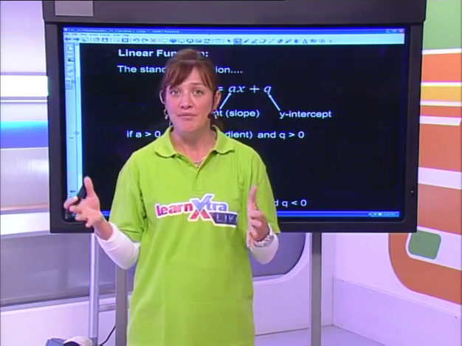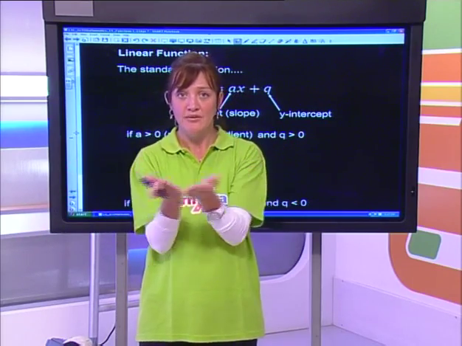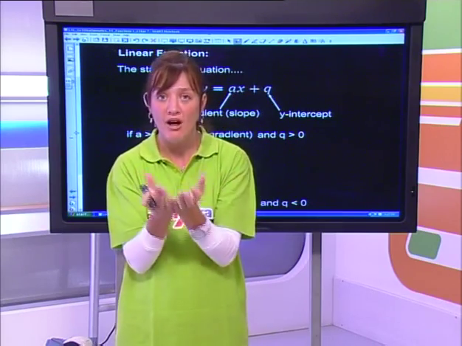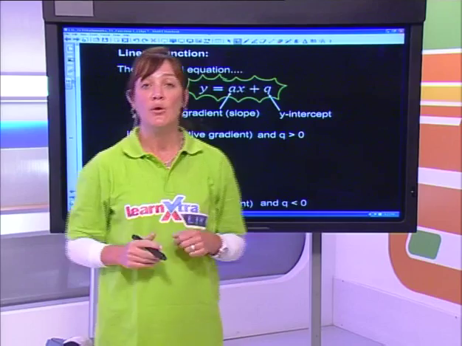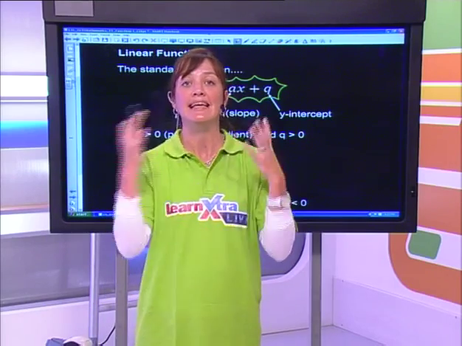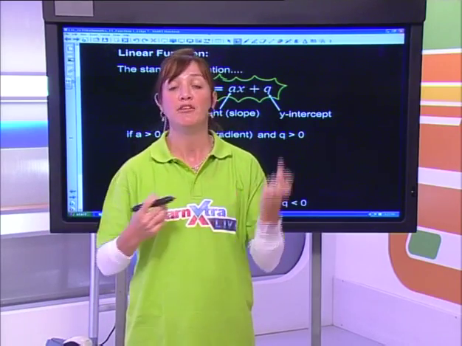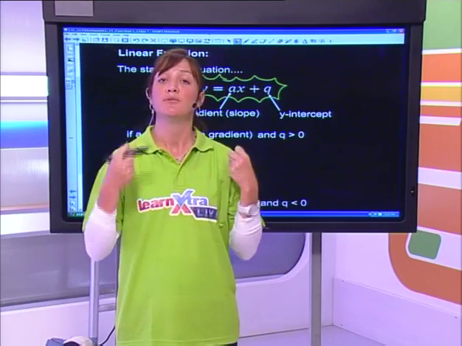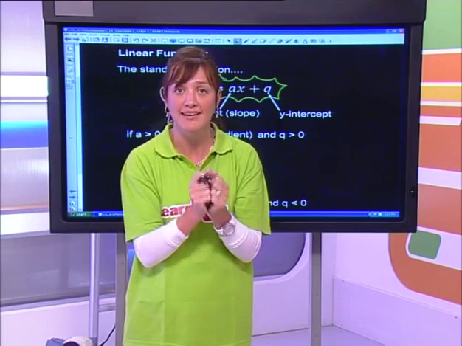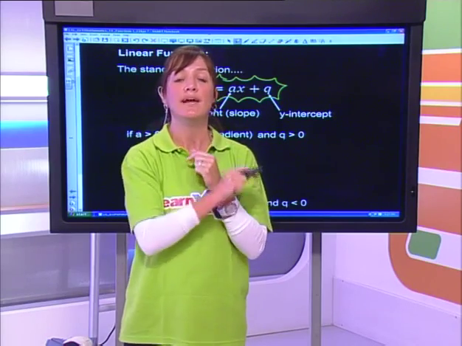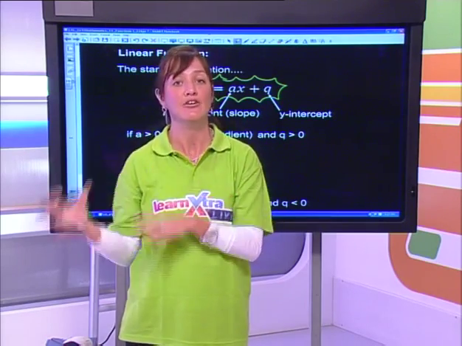Now, this is the story. If we have an algebraic rule that is in the form of ax plus q, if it ever fits into that standard equation, what you are going to have is a linear relationship between the x's and the y's, which means that if we take the x's and the y's and turn them into coordinate pairs and plot them, you will always get a straight line graph.